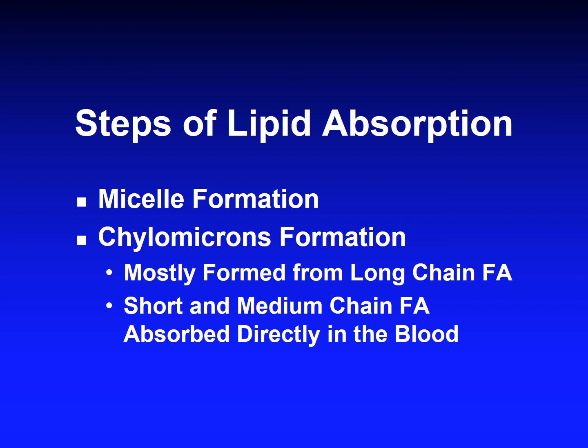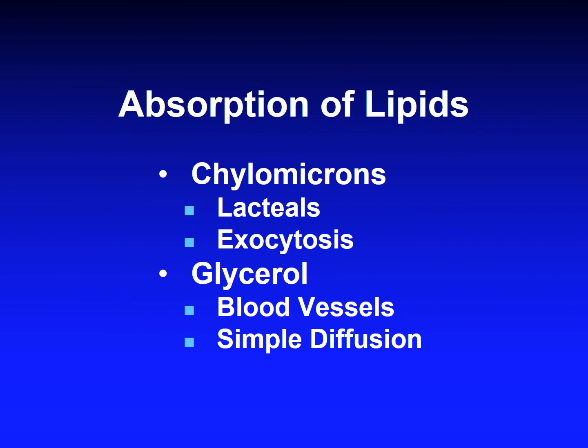And this chylomicron gets into the lacteal. They do not go to the blood circulation first. They go to the lymphatic circulation. Lacteal is the lymphatic vessel. So chylomicrons go to the lacteals through exocytosis, and glycerol, as I mentioned, by simple diffusion goes to the blood vessel directly.